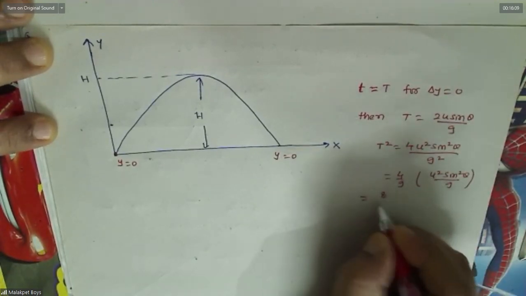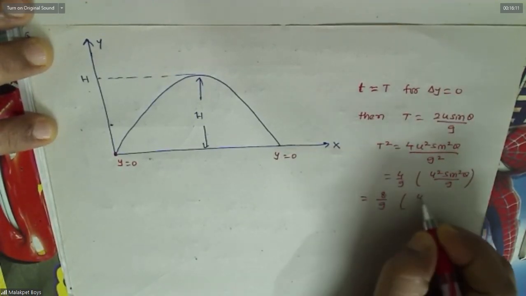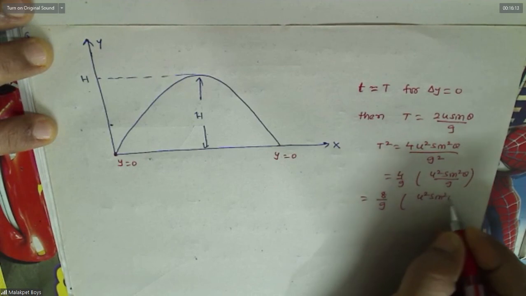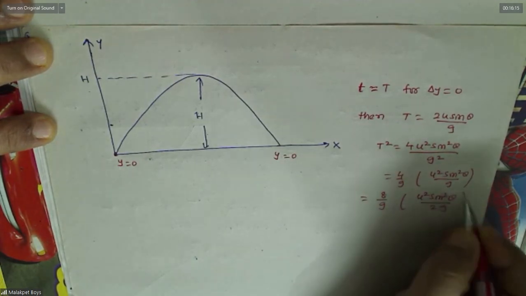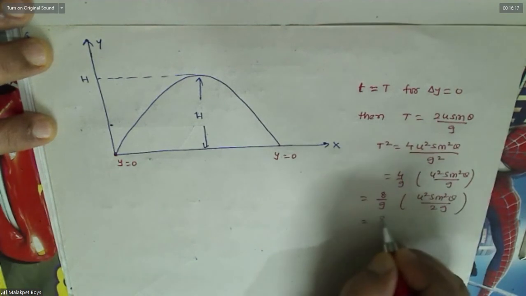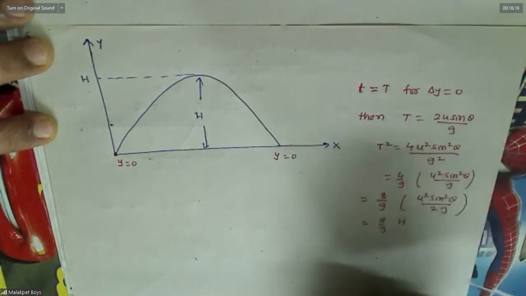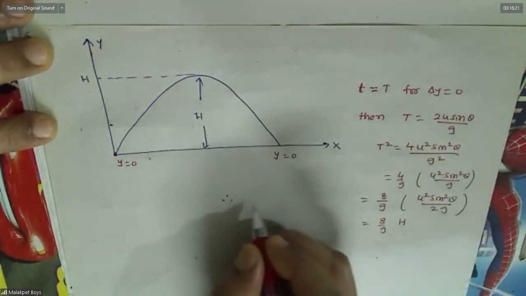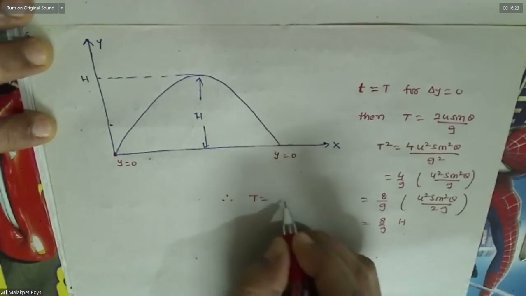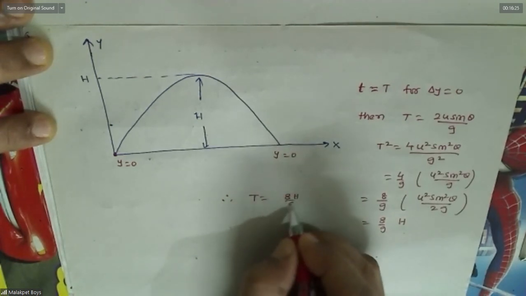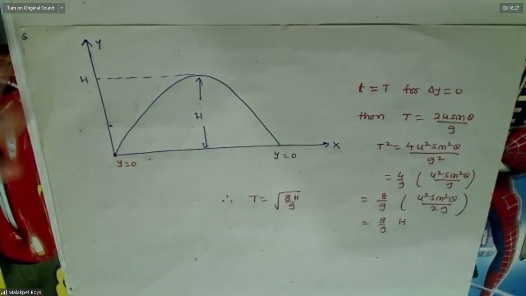This I'll multiply by 2. What is this whole thing? Height. Therefore, what is t? Understood this?